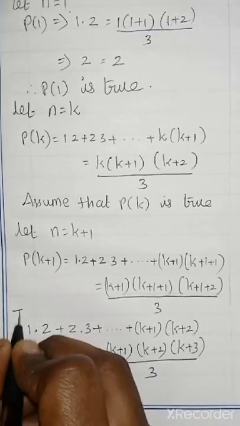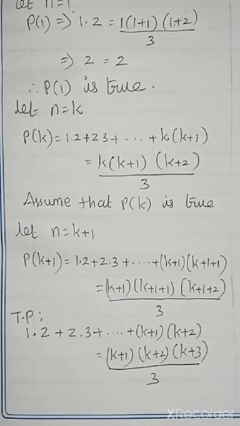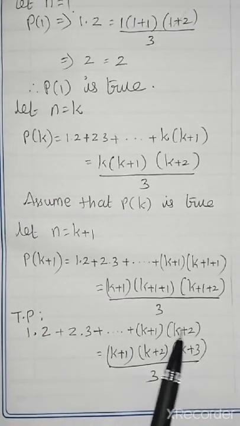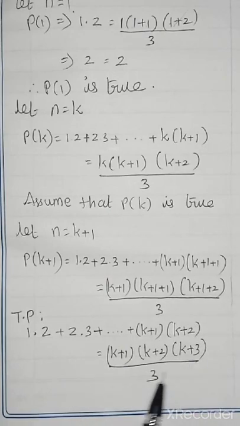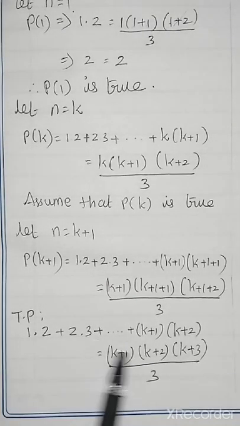This is what we have to prove. To prove, what we have to do is take your left hand side and prove this right hand side. Is that clear? Now tell me, we take the left hand side.